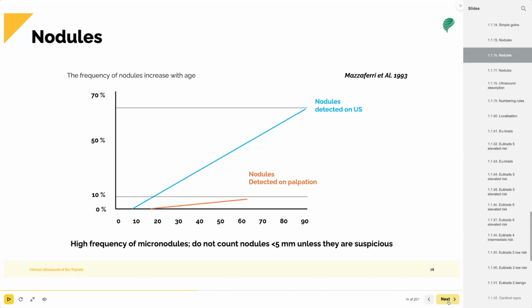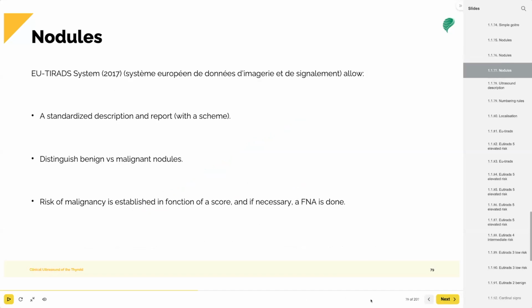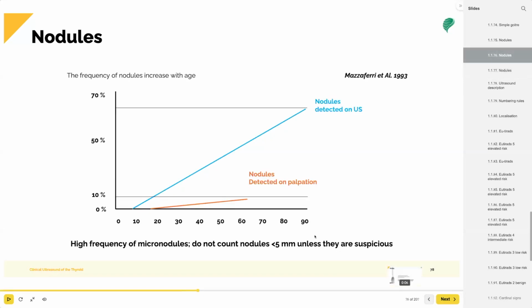In this graph, we can see that it is most likely to be detected on palpation, correct.